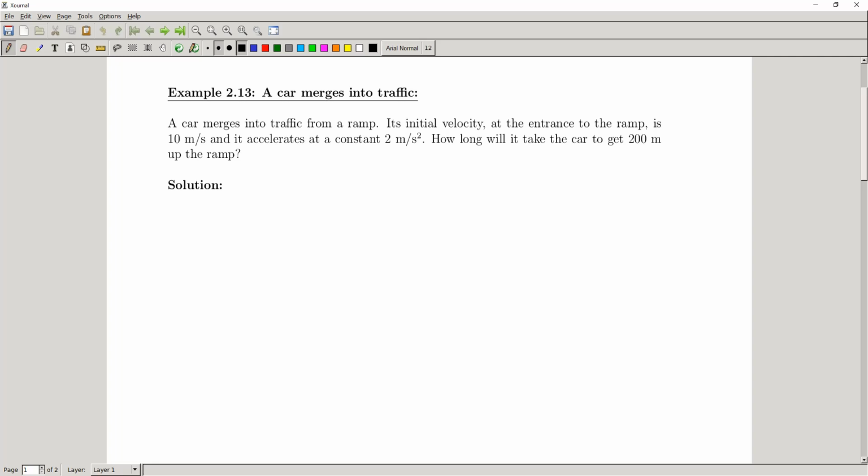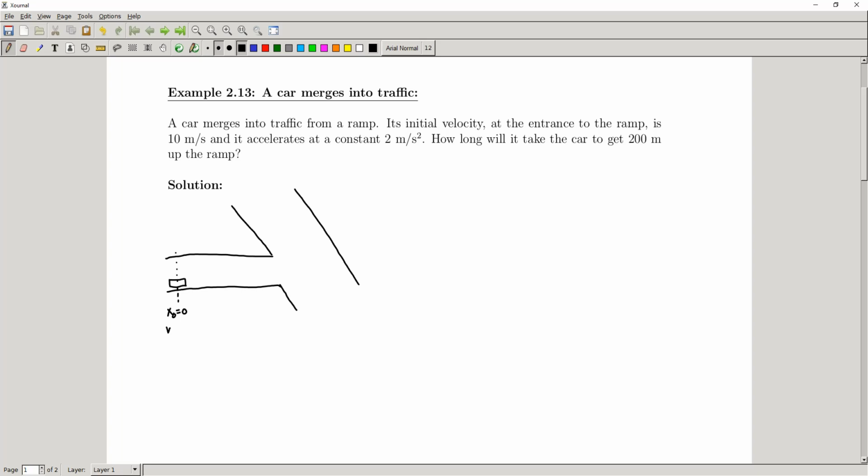Normally I like to draw a little diagram here just to make sure that we have the idea of what we're doing. So let's imagine that this is some sort of a ramp. This can be like a highway here, let's say. Some car starts off here, and we'll call this x0 equals 0.